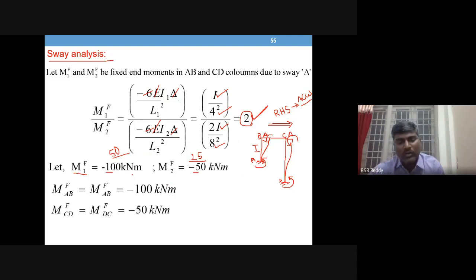There is no hard and fast rule that you have to assume only 100 and 50. Assume any values in this ratio. So the moments now are, correction here, MFAB and MFBA equal to minus 100, and CD and DC values are minus 50. This is how we assume the values to satisfy this ratio.